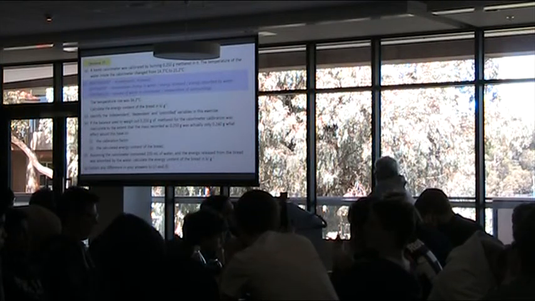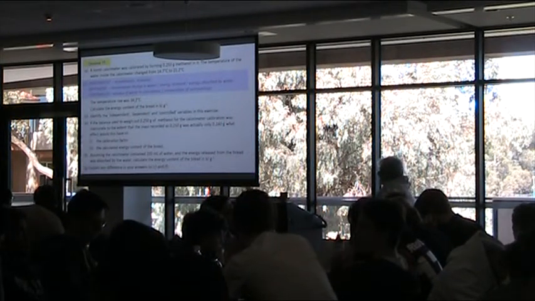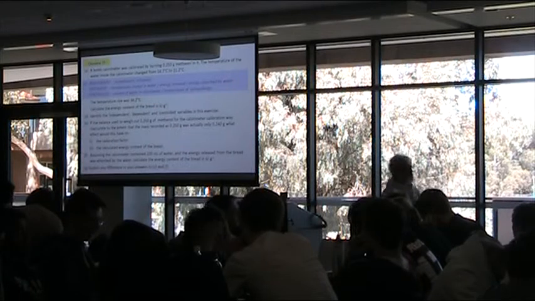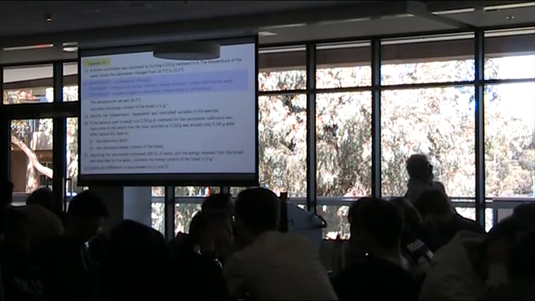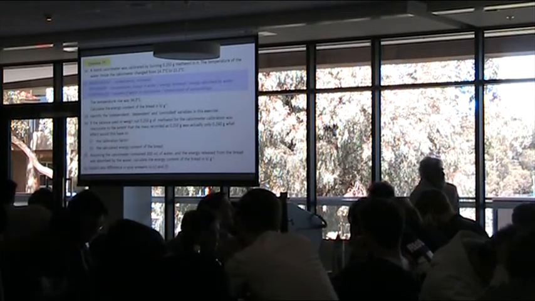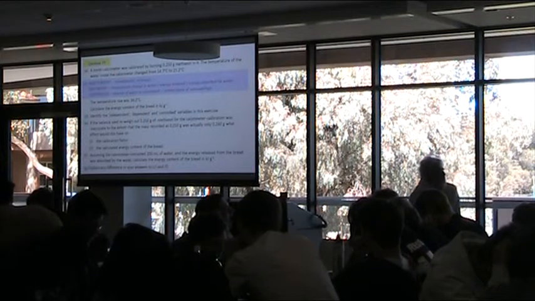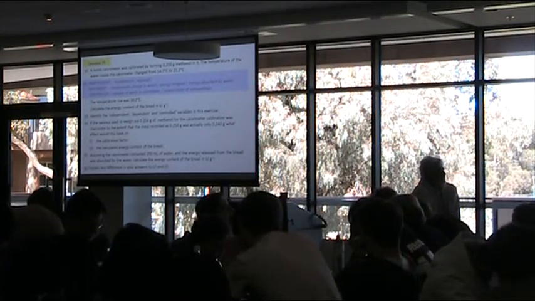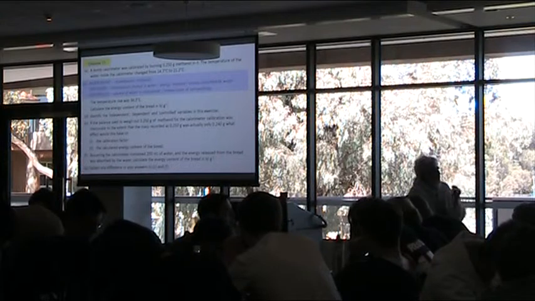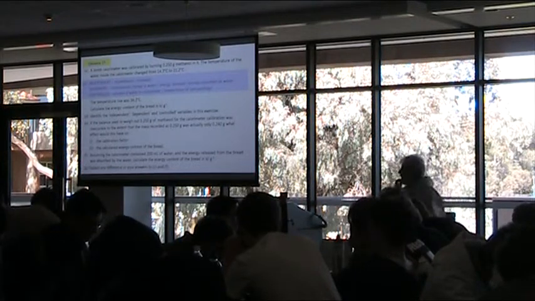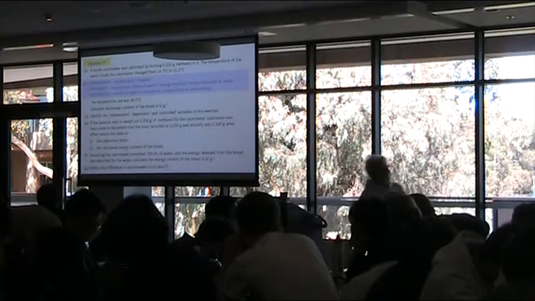Now, E, this is where I want you to stop and think. This is a good high-level exam question. If the balance used to weigh out 0.250 grams of methanol was inaccurate to the extent that the mass recorded as 0.250 was actually only 0.240, what effect would this have on the calibration factor and the energy content of the bread?